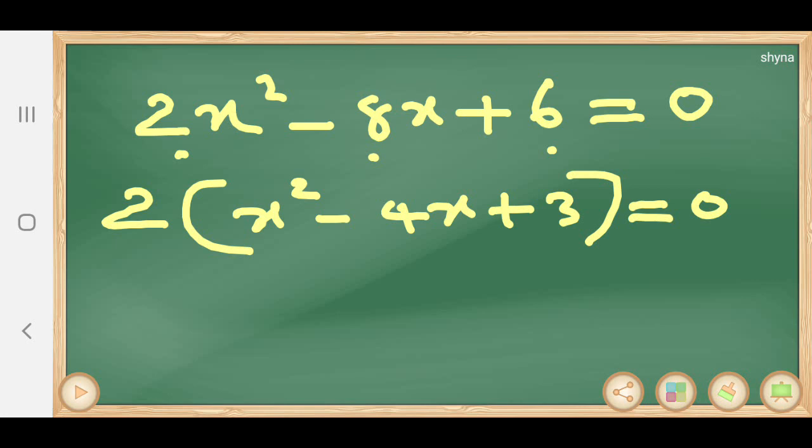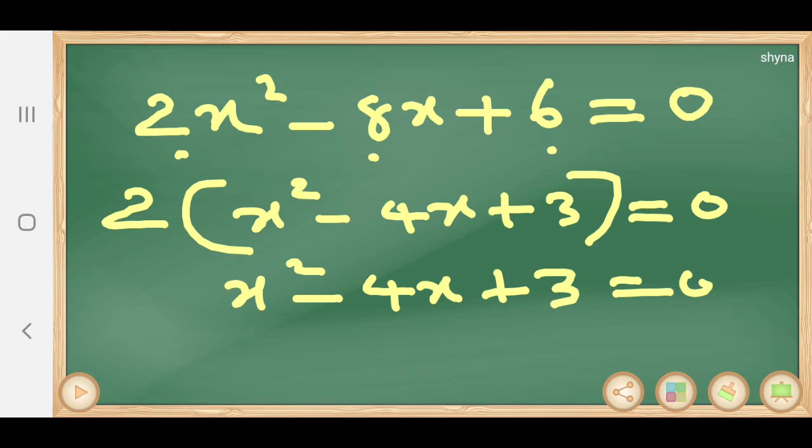From here we can directly write x square minus 4x plus 3 equal to 0. Why? 2 never becomes 0; 2 is a constant not equal to 0, so the only chance is that x square minus 4x plus 3 is 0. Now we have the quadratic equation x square minus 4x plus 3 equal to 0.